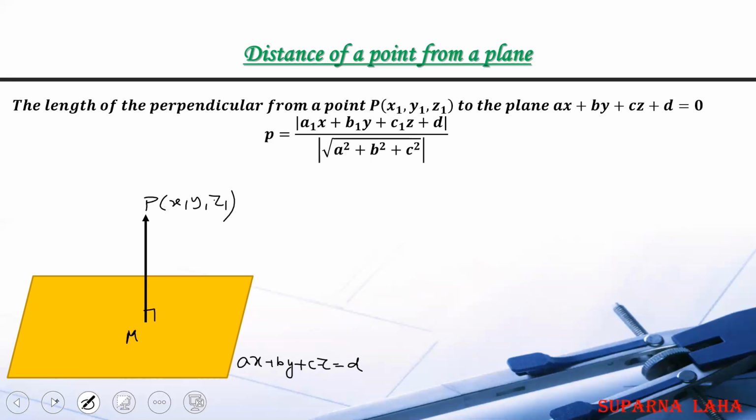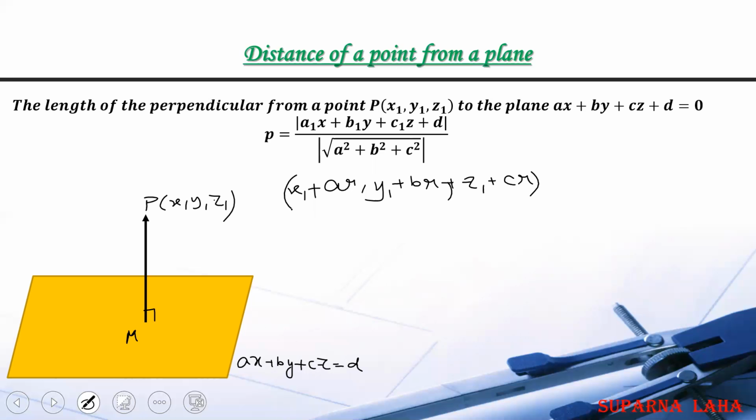Okay, so the coordinates of any arbitrary point on the line can be written as (x1 plus ar, y1 plus br, z1 plus cr).